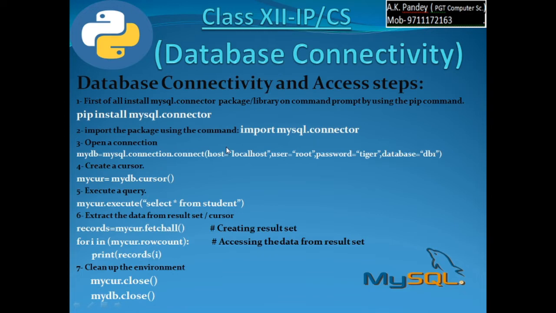So after writing this line, this connect method will return an object of connection type that is stored in, assigned to, mydb. After this, you have to create a cursor using the mydb object only: mydb.cursor. That means cursor is a method of the connection object.